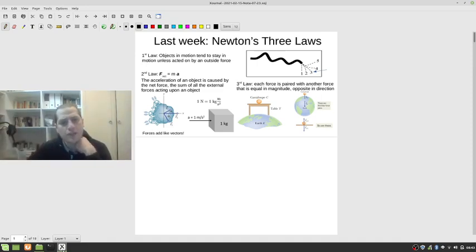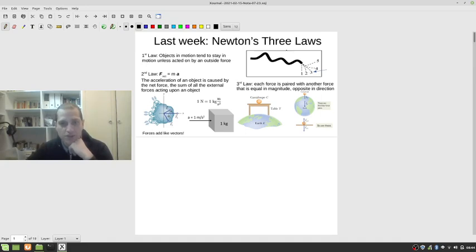So last week, the three big ideas were, of course, Newton's three laws. The first one is that objects in motion tend to stay in motion unless acted on by an outside force. So an example of a problem involving this was a pipe laid on a table, and once a ball rolls through the pipe and leaves the pipe, it continues to just move in a straight line.